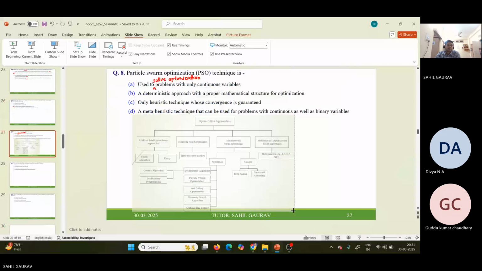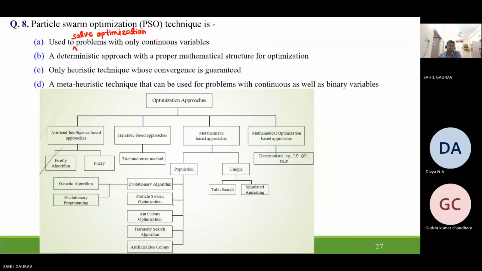Now you give me the answer. Here, if you see this, where does particle swarm optimization lie? It lies under these population based meta-heuristic approaches. This is PSO. Now you give the answer.